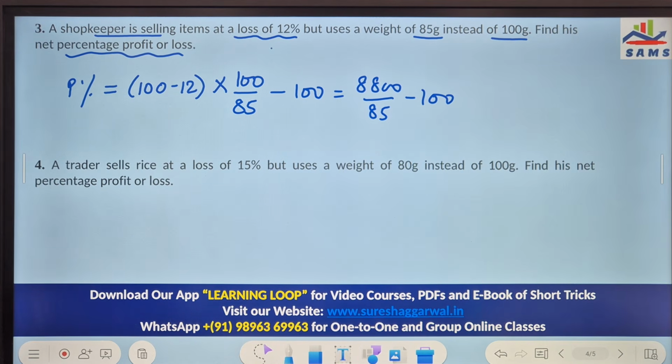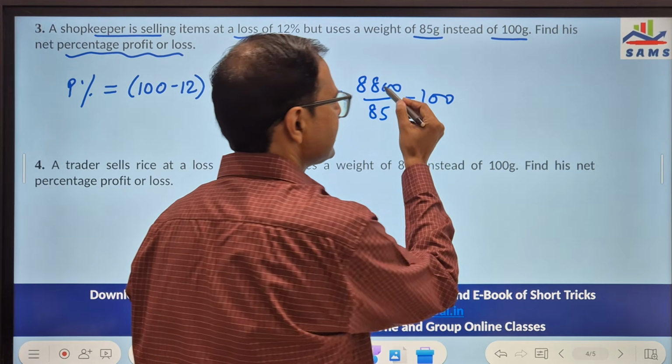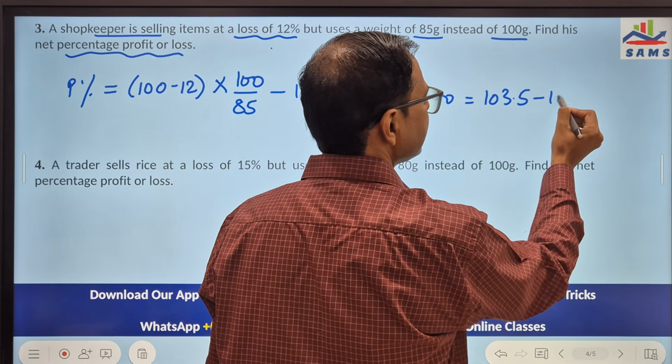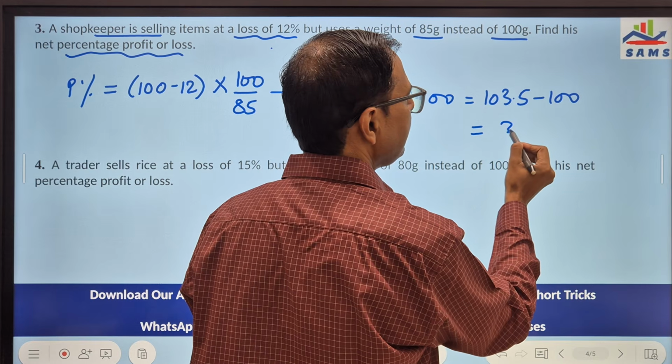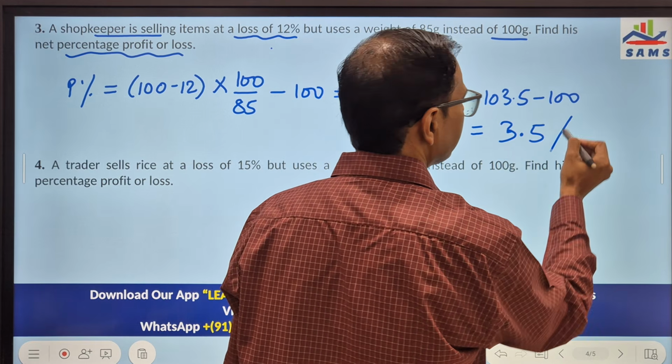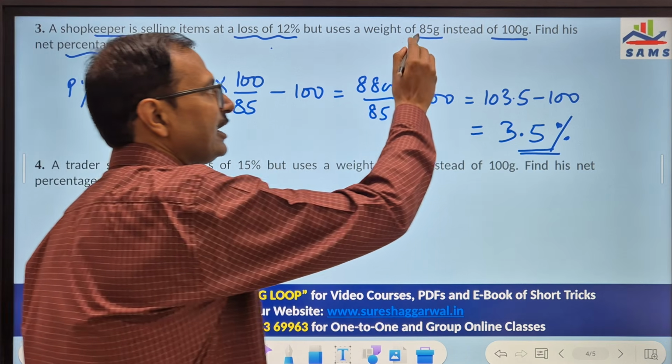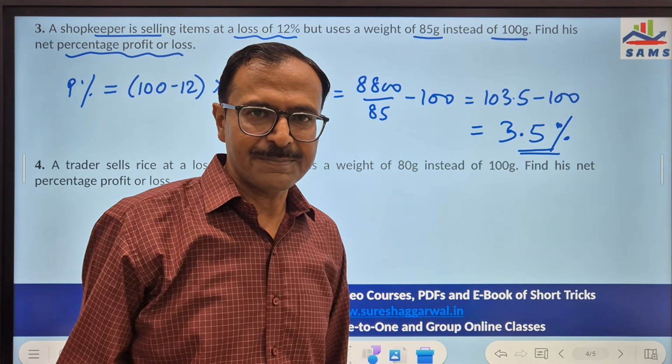And now if you divide 8800 by 85 and subtract 100 from that, this division is going to get you 103.5 and then minus 100, which gives you 3.5% profit. Now this is the net profit when he uses a weight of 85 grams instead of 100 grams.